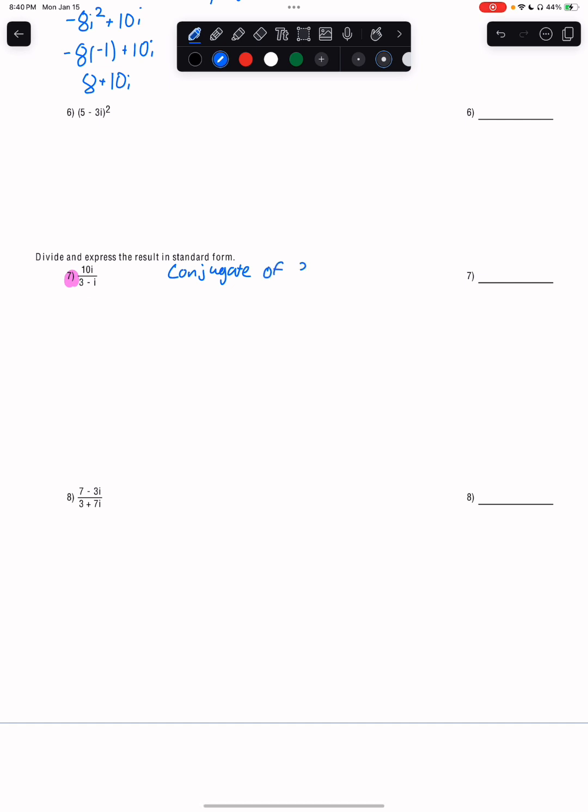So the conjugate of 3 minus i is 3 plus i. And we're going to turn it into a fraction. So what we're going to do is we have 10i over 3 minus i, and we multiply it by 3 plus i over 3 plus i.